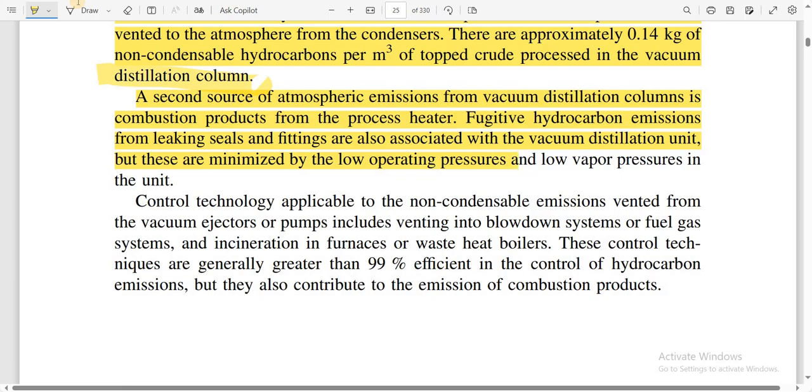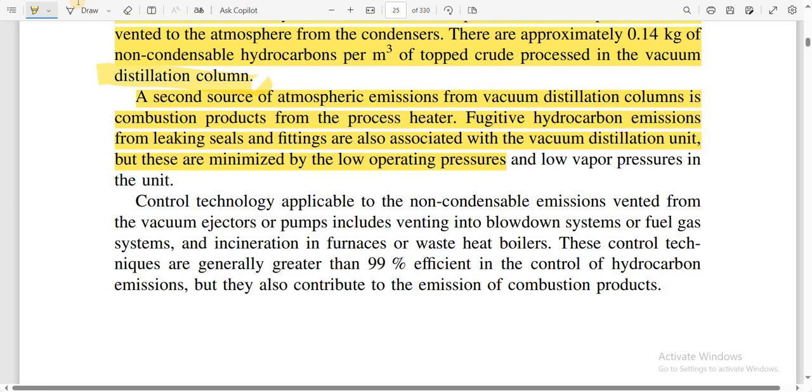Okay, the operating pressure is low in this vacuum distillation column, so the leakage through pipes and seals, elbows and joints is very low.